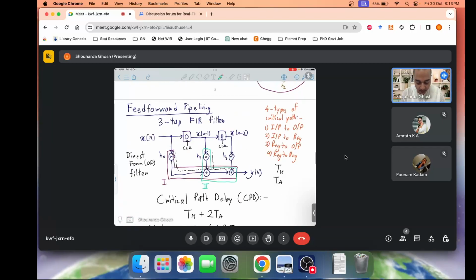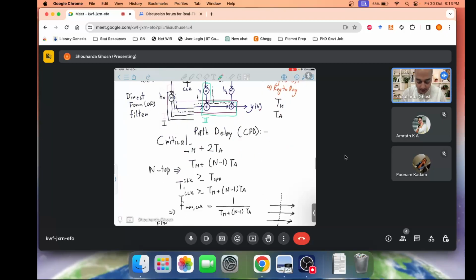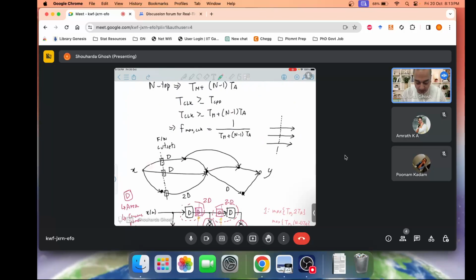In order to tackle this, we do something called feed forward pipelining. When you have a certain circuit graph like this, you try to find a line that cuts the graph apart into two disjoint graphs. All the lines that you cut should be in the same direction.